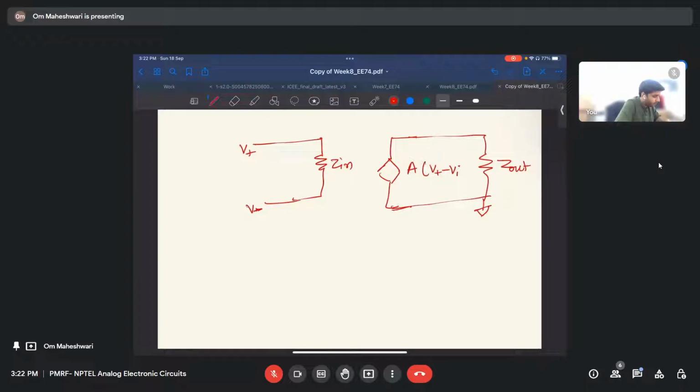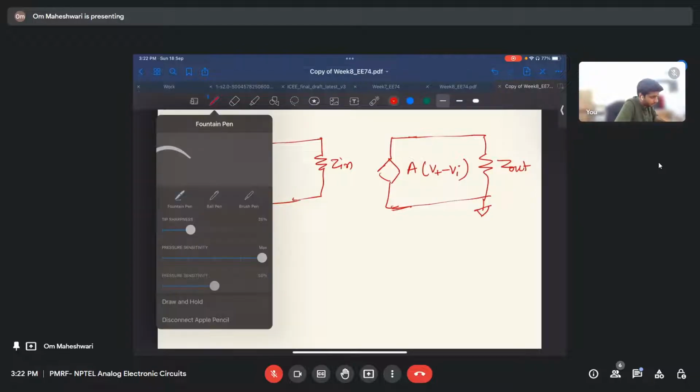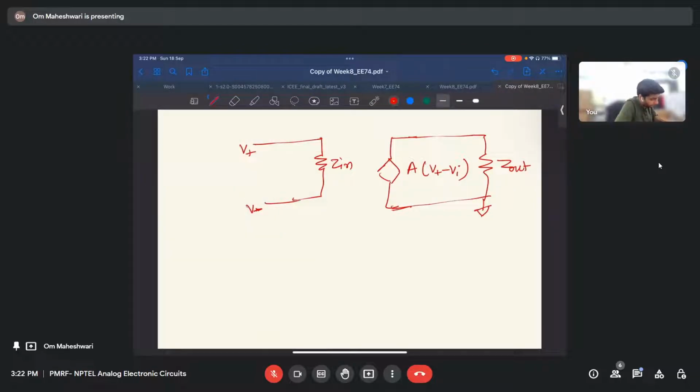So this can be an equivalent for the op amp, but in general, we do not know all these parameters, right? So for an ideal op amp, we only know V plus and V minus, and we have to find the output. So what we assume is this gain is very high, and this impedance also is very high. That is why we just apply a virtual short and solve it.